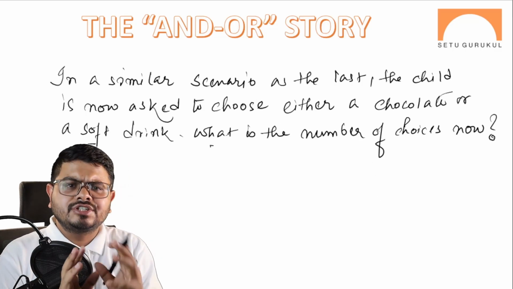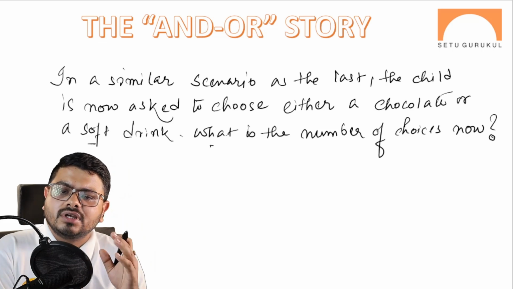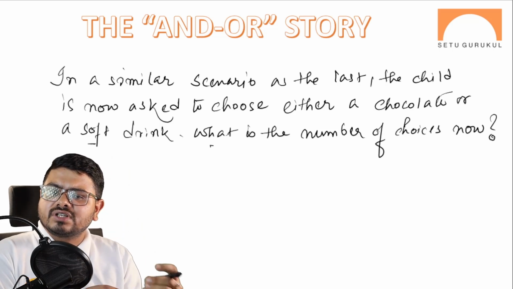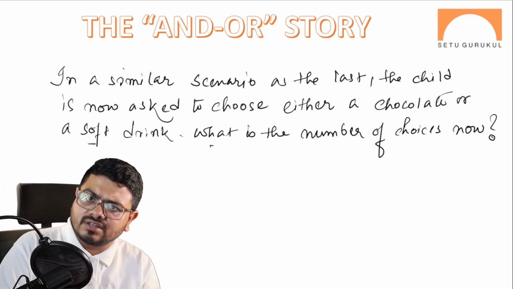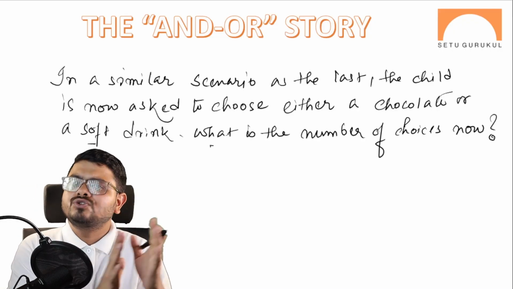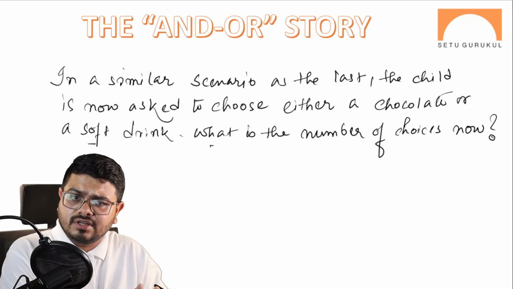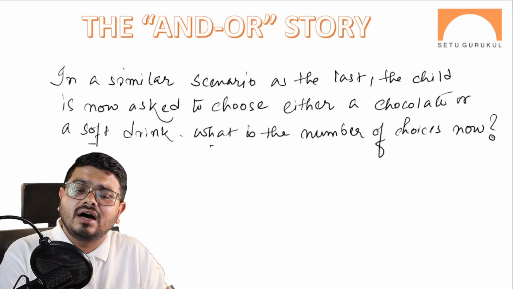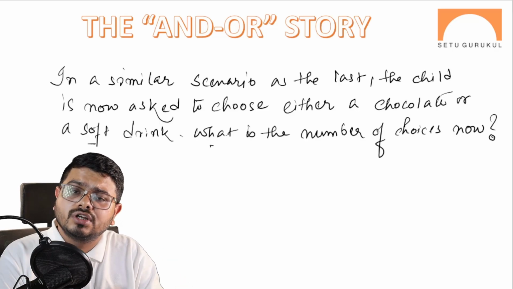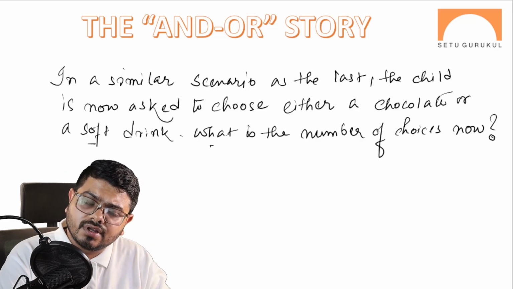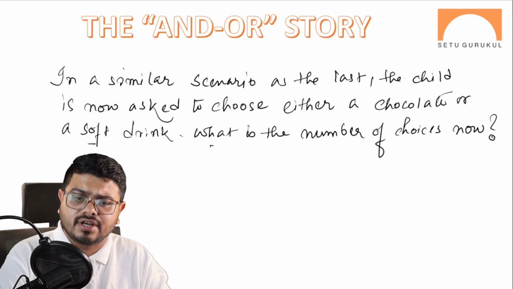Similarly, if I just change or modify the question a little bit, it says that in a similar scenario as the last, it still has 10 different varieties of chocolates and 12 different varieties of soft drinks. But what is the need here? That the child is now asked to choose either a chocolate or a soft drink. So this is what? An OR scenario, right?